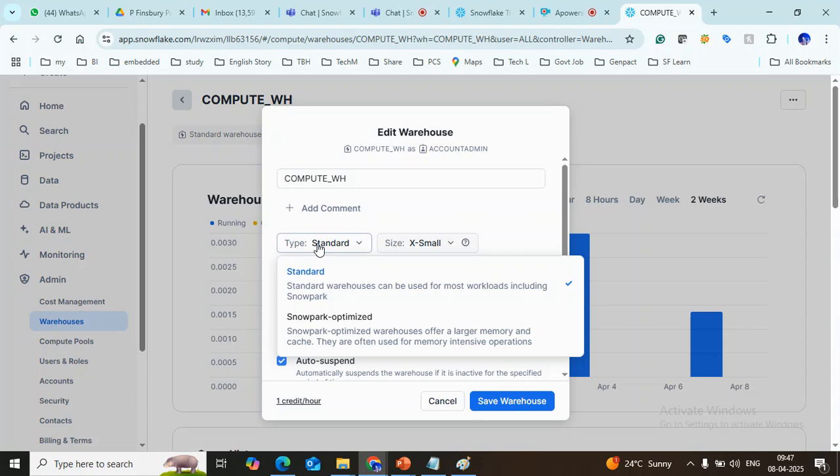Apart from that, Snowpark optimized came into the picture nowadays, when ML and AI models came, to work with machine learning or AI models. So there are two types of Snowflake virtual warehouses: one is standard, one is Snowpark optimized.